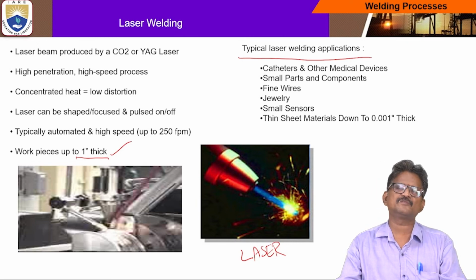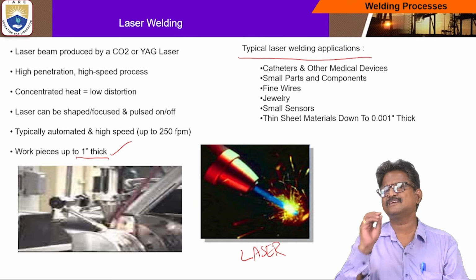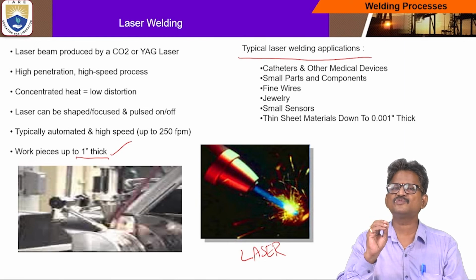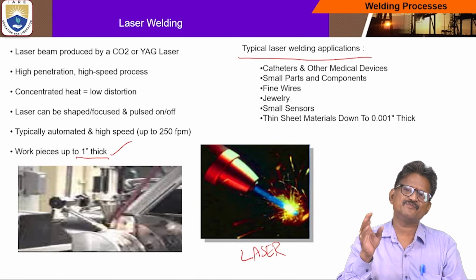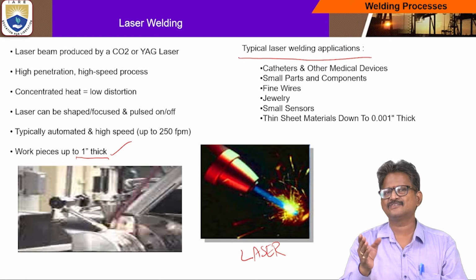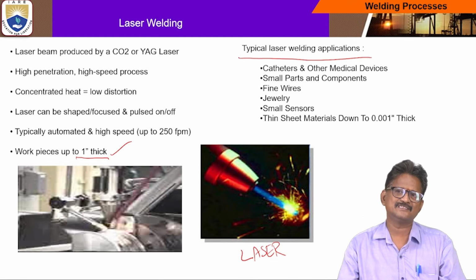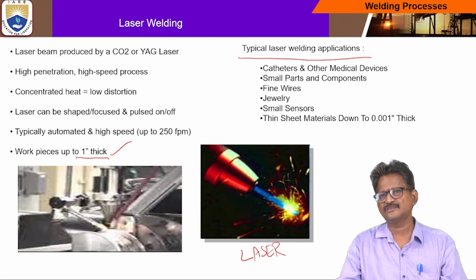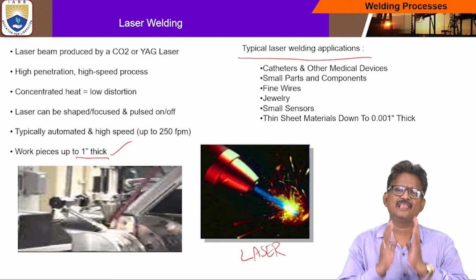It is an automated process. Up to 1 inch thickness, or even less than 1 inch, can be easily welded by this laser welding process. So this is what laser welding is about.